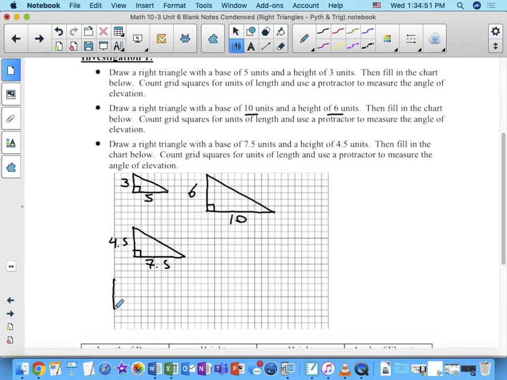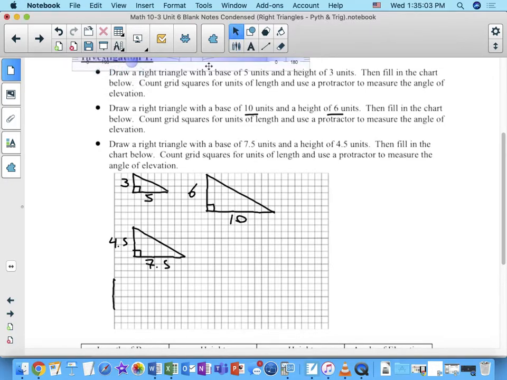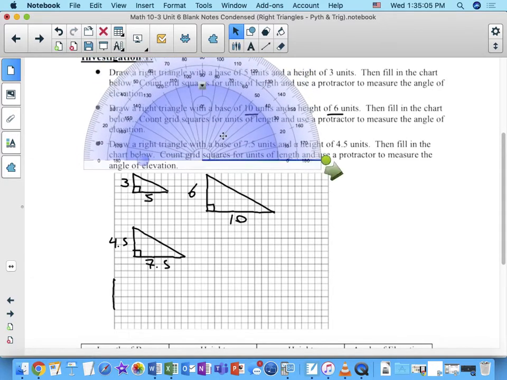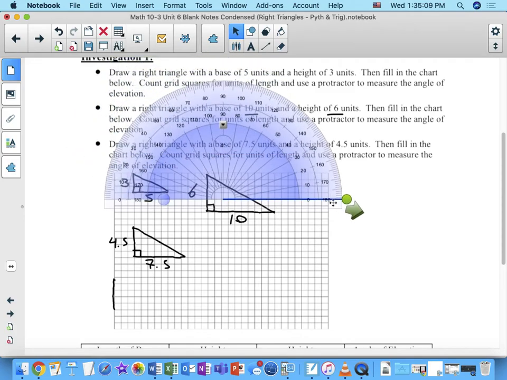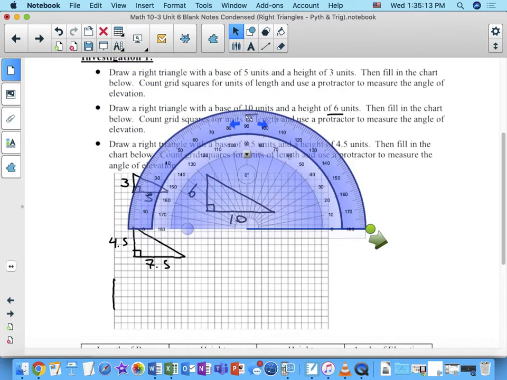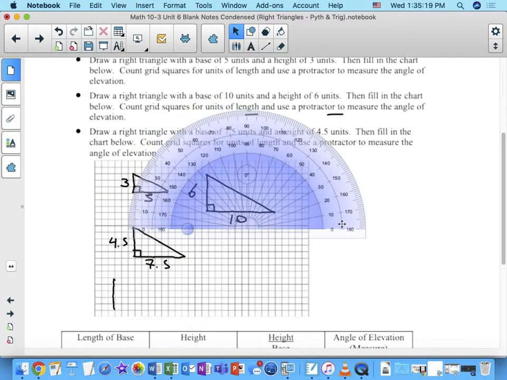And then you're going to take out the protractors that I gave you in our last unit. I'm going to make this one a lot smaller. Hold on. I'll do it from here, I think.